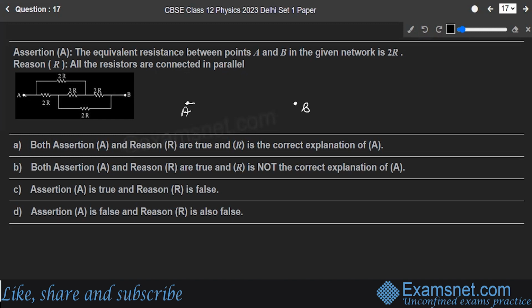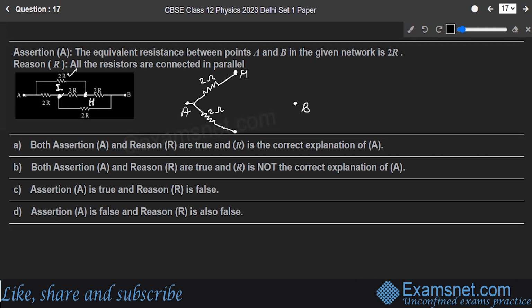So from A you start, and this is a 2 ohm resistor. From here it goes, let's say this is the point H. Then from A, this is the point I. From A, you have a 2 ohm resistor over here, a 2 ohm resistor over here.